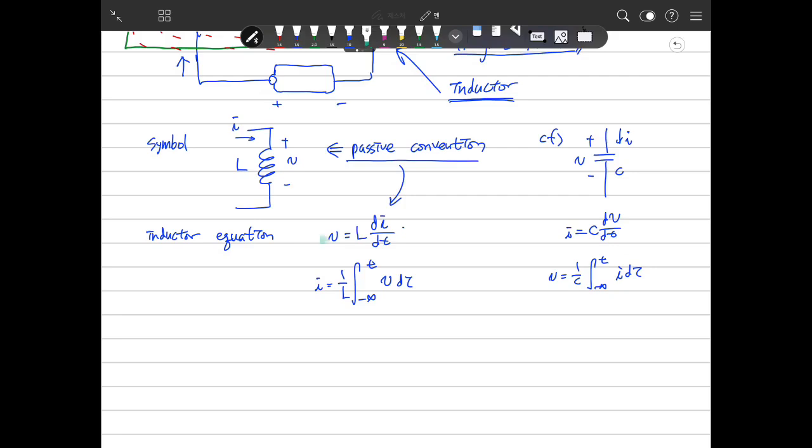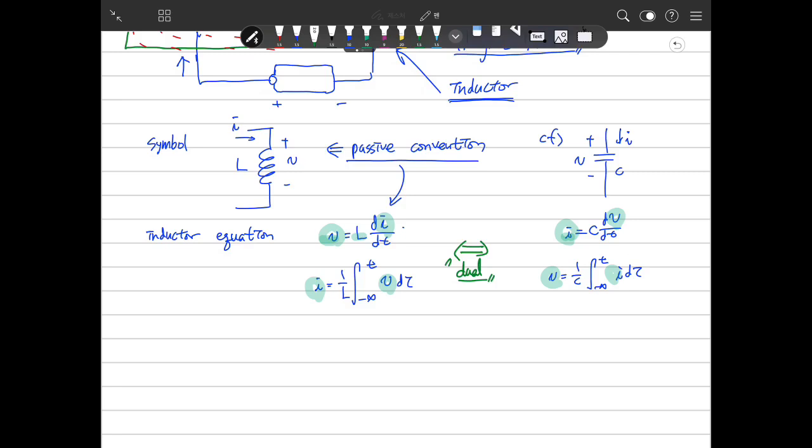So you see L, V and i, and C, i and V swapped. This is a dual. Don't be confused about that. From these equations, you can know the following.